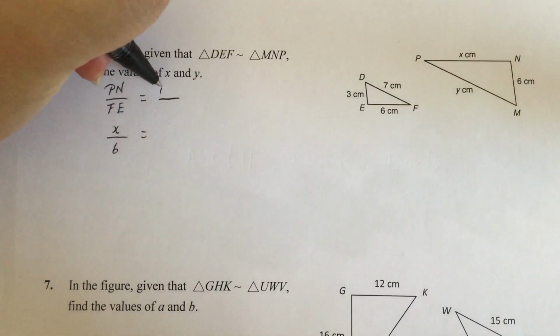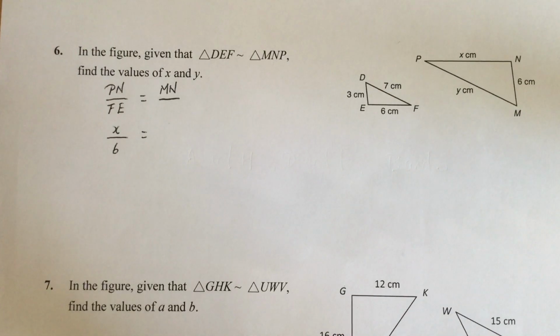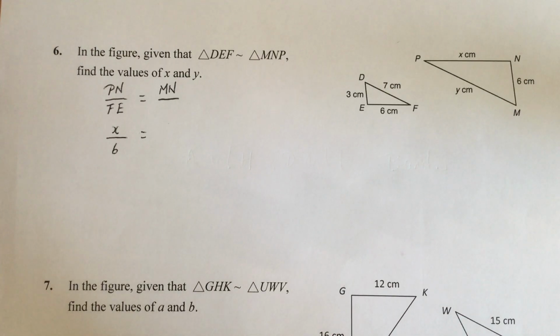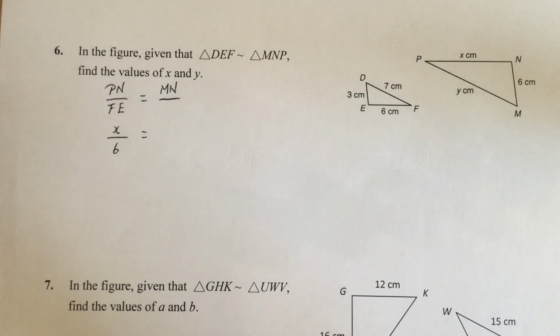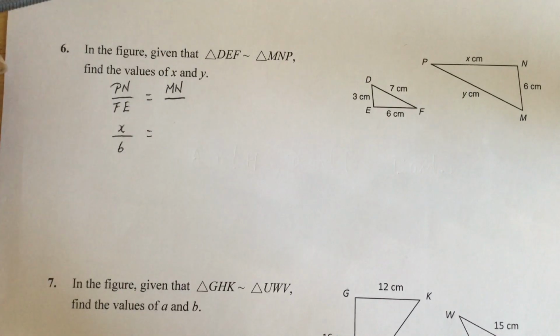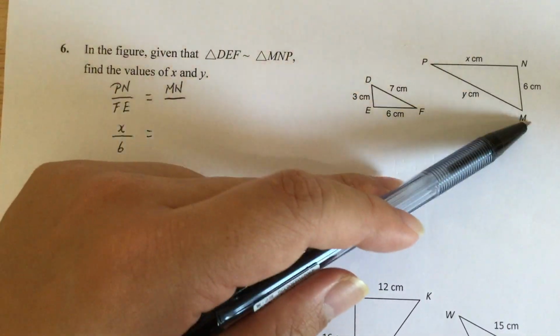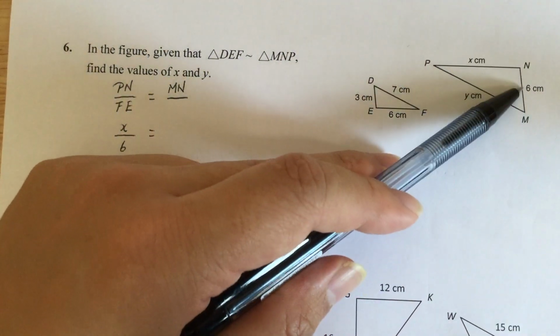So we will choose MN here rather than PM, because 2 unknowns we cannot solve. There could be a lot of possible answers, but we will not use this one. We will use MN directly.